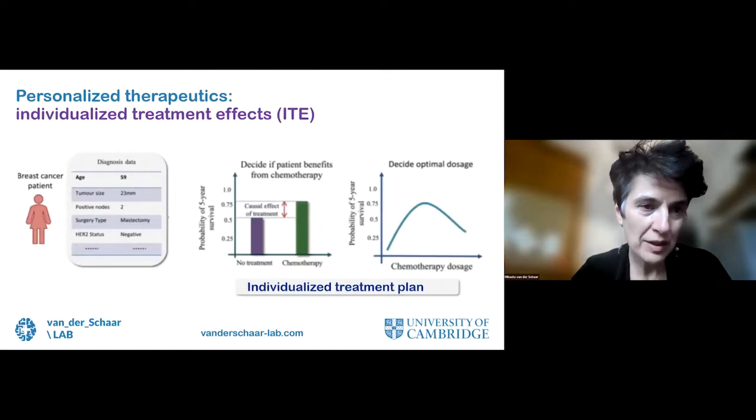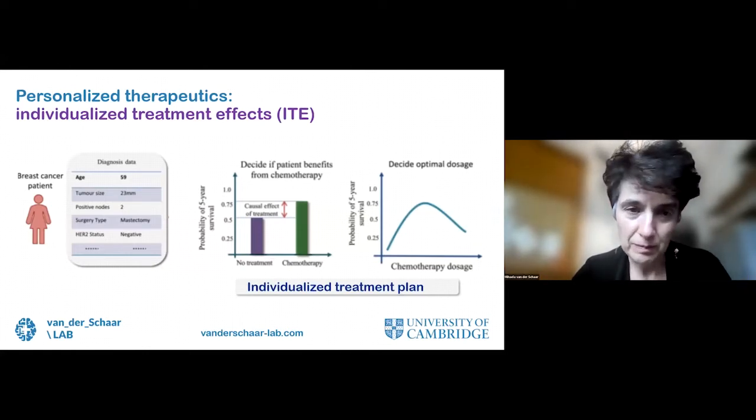For instance, we have here a patient that was just diagnosed with breast cancer. And the question may be, should we give after surgery to this particular patient chemotherapy or not? And if we do, what type of dosage and what type of compounds to use?